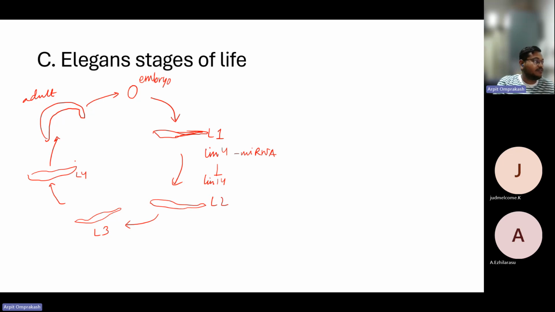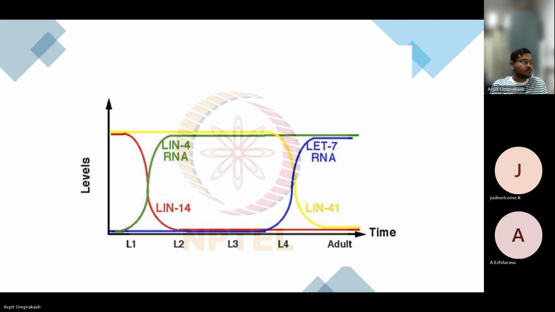Similarly, from L4 to adult, we have another miRNA called LET7, which inhibits the production of Lin41, another gene, which leads to the change from L4 to adult.